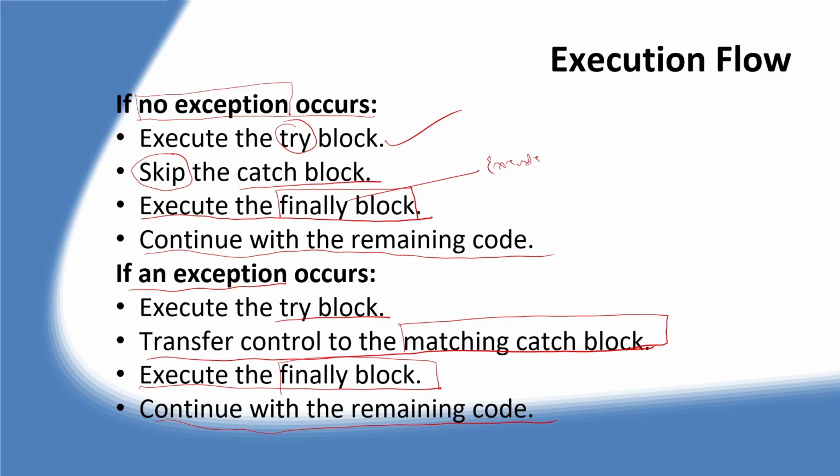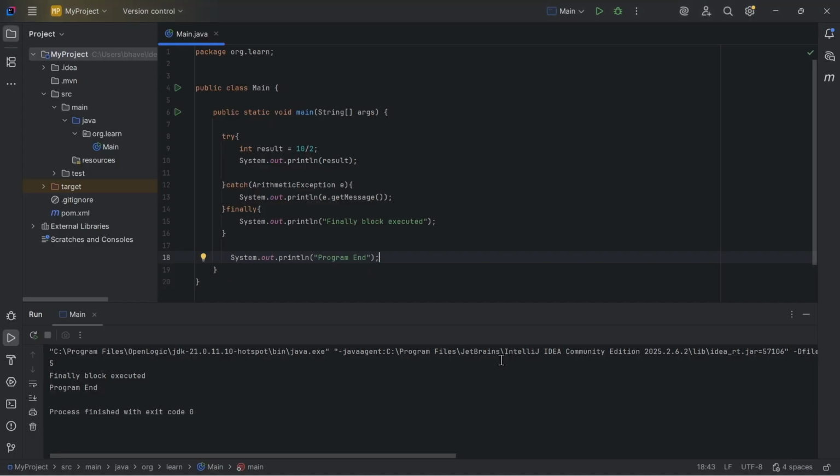Now the next question comes: can finally exist without catch? In this example, we have written try, then catch, then finally. Now the question is, can finally execute even if we are not providing a catch block?